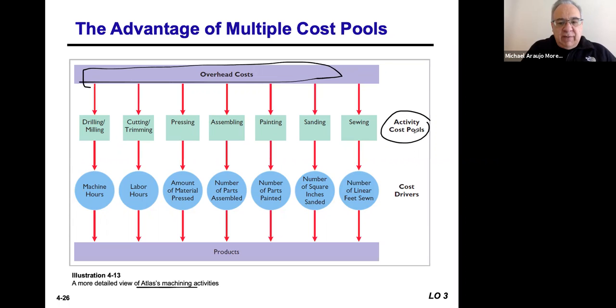These are all the individual cost pools that attribute to overhead. And then specifically the cost driver within that pool, what's taking up the vast majority of the time here. So machine hours or labor hours or material or parts, et cetera, right? Square footage or square inches, et cetera.